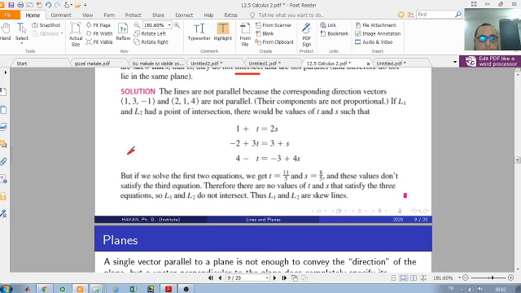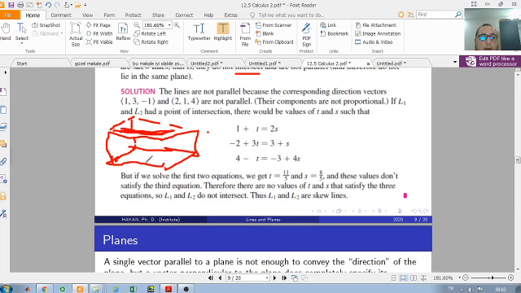For example, this is the base of the box. So we sketch a line in the top of the box.